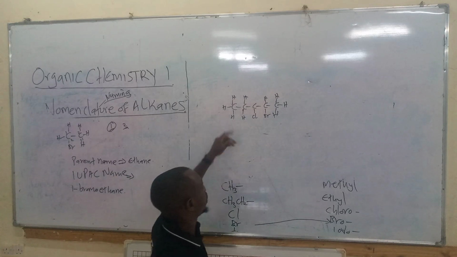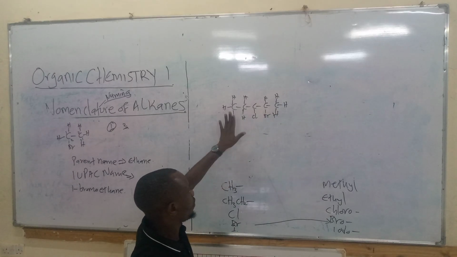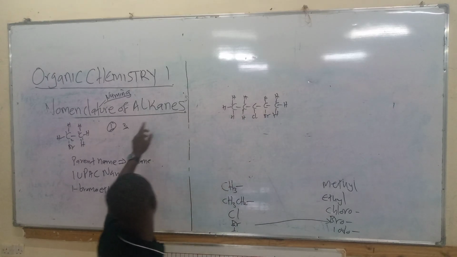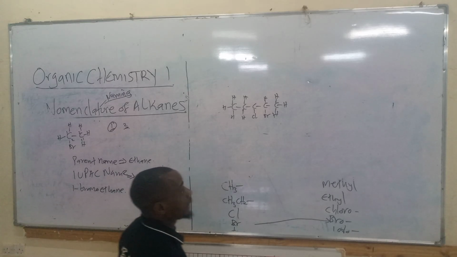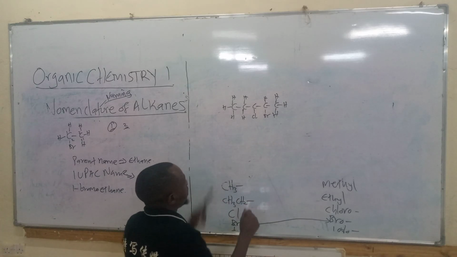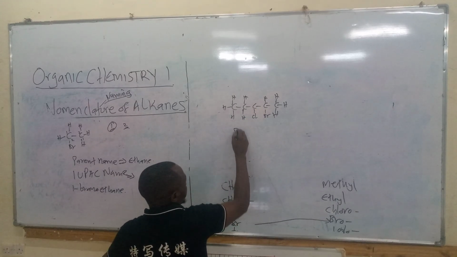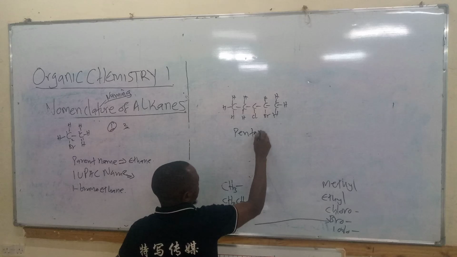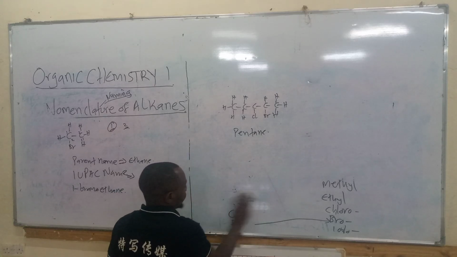We shall have 1, 2, 3, 4, 5. So the parent name is pentane. 1, 2, 3, 4, 5, that is pentane. So the parent name is pentane.